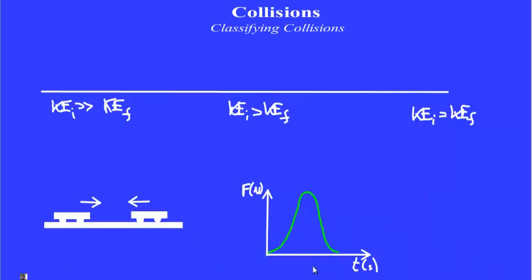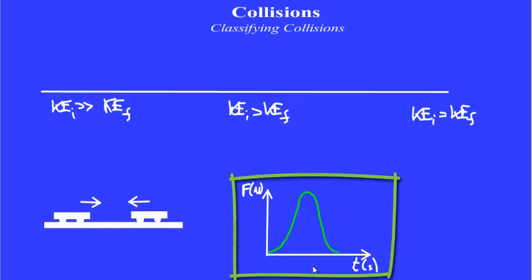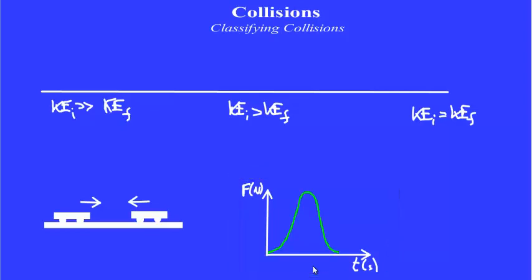Let's get started. Let's clarify that for the sake of this discussion, we're going to assume that momentum is conserved in all collisions, okay? And let me tell you why we can make that assumption. Remember that every collision has a force-time graph, like you see pictured here. Remember we discussed that typically these collisions, like a baseball with a bat or a golf ball with a club, happen in a very short time period.